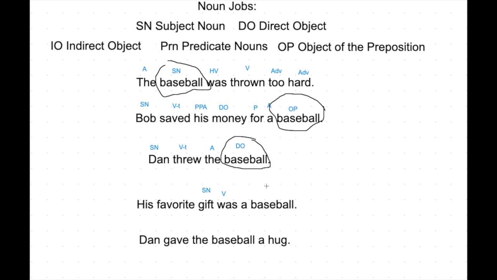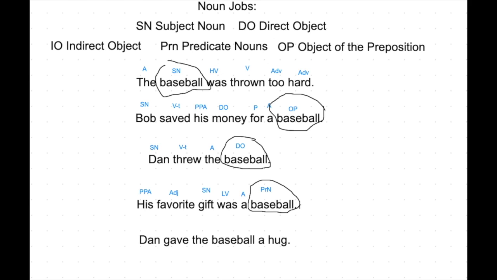They are. So baseball is a predicate noun. And that means this verb is a linking verb. What kind of gift? Favorite gift, adjective. Whose favorite gift? His favorite gift, possessive pronoun adjective. A is always an article adjective. So here, baseball is being used as a predicate noun.